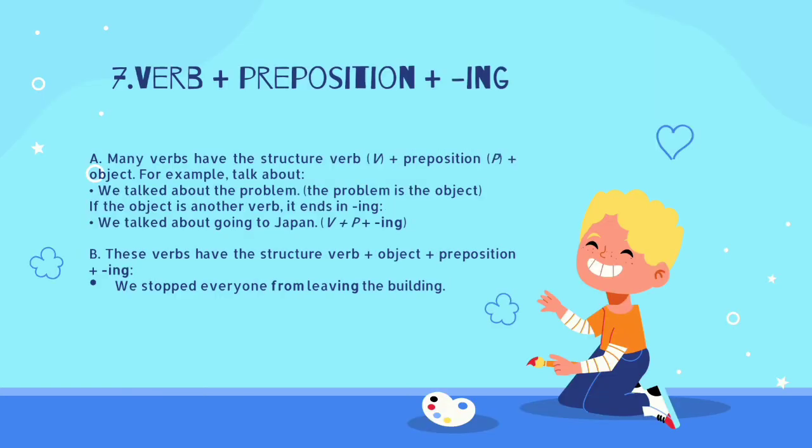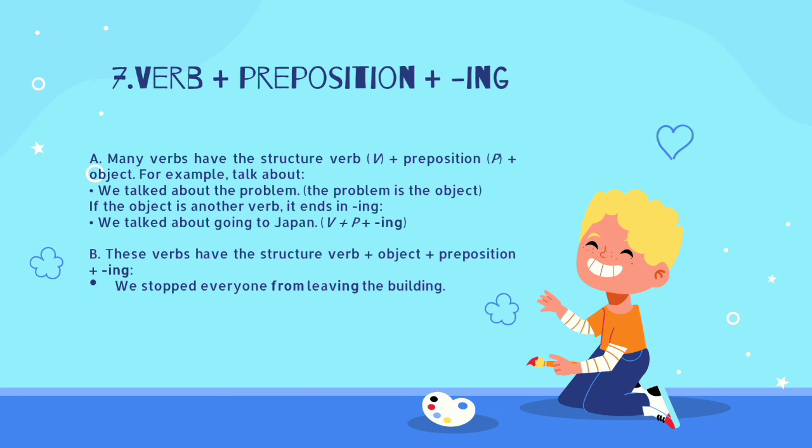And the last, number 7, verb plus preposition plus -ing. A. Many verbs have the structure verb plus preposition plus object. For example, talk about: we talk about the problem, and the problem is the object. If the object is another verb, it ends in -ing.